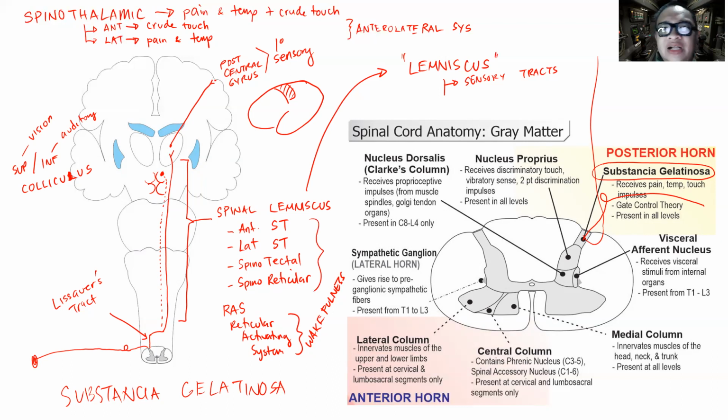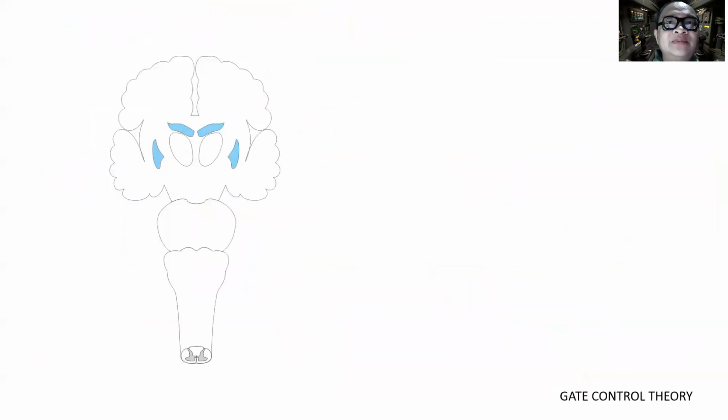So I do hope you now have a nice orientation or nice appreciation of your spinothalamic. Now, one last thing, let's go to your gate control. Because this is very important when you are dealing with pain in your patients.